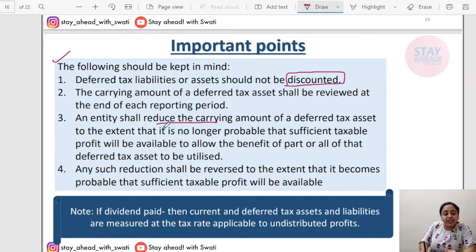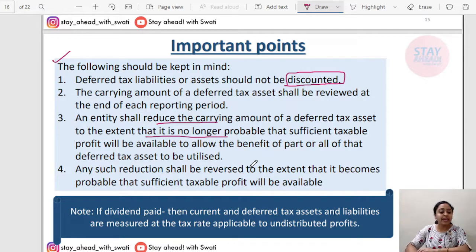Again, reduce the carrying amount of the DTA to the extent that it is no longer probable that sufficient taxable profits will be available to allow the benefit of part or all of that deferred tax asset to be utilized. Either de-recognize the whole DTA or reduce it up to the amount of available profits, but it should not exceed the amount that is forecasted in future profits.